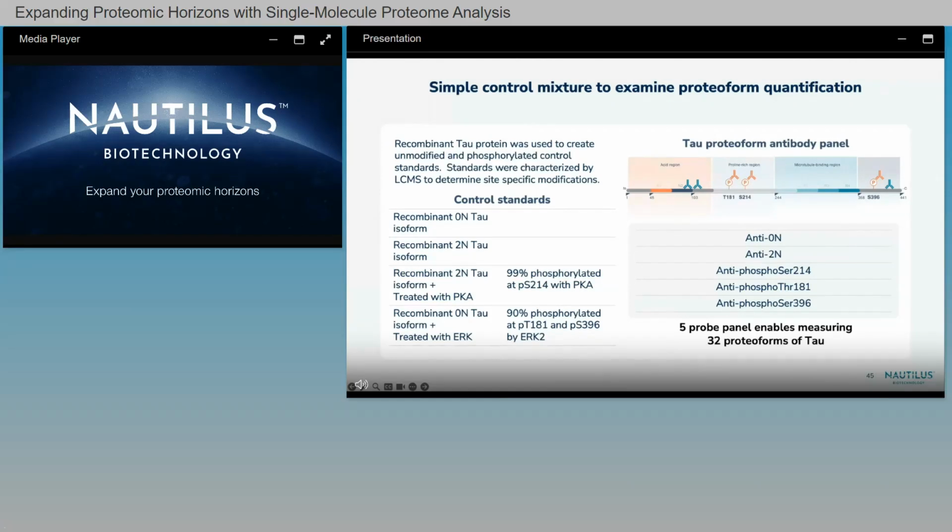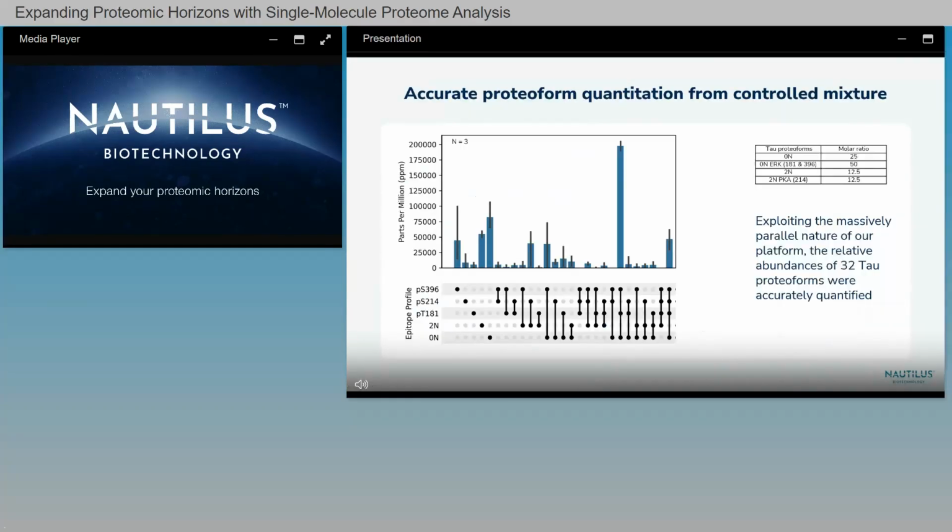We then took the 0N form and modified it with an enzyme, ERK2, that is both overly promiscuous and also incomplete, modifying about 90% of 181 and 396. We then used a panel of about 5 affinity reagents, allowing the exploration of 32 different proteoforms of tau. So we took our control standards, we mixed them together, and then we were able to investigate what the composition of the mixture was.